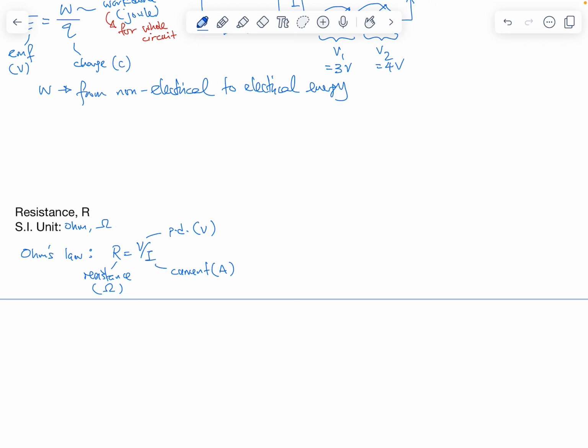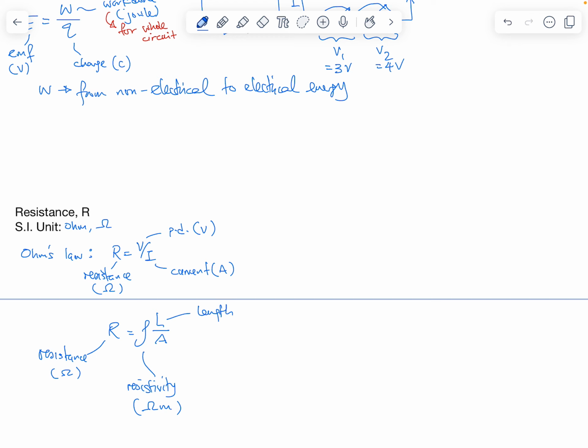Another formula that we use to calculate resistance is this. Again, R is resistance. This symbol here stands for resistivity. They are not the same thing. The unit for resistivity is ohm meter.